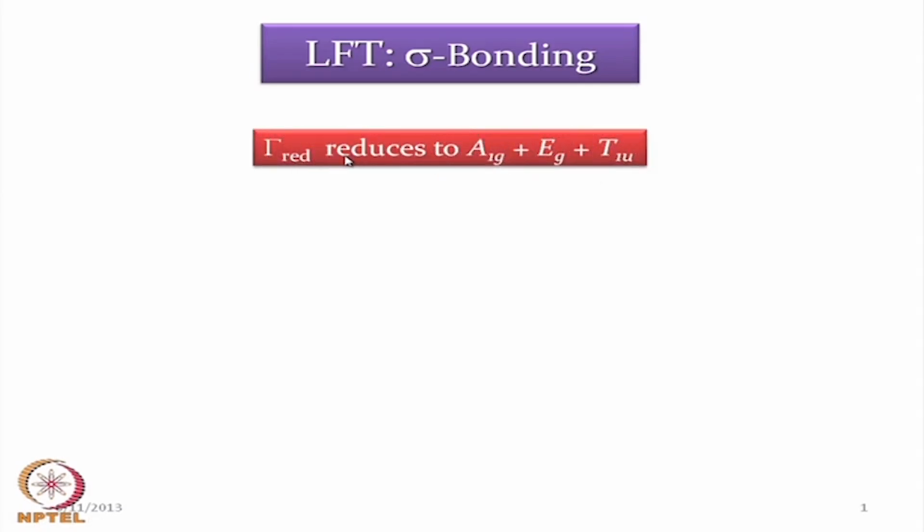In our previous class we have seen that, from group theoretical notation, if we have the character table for the octahedral symmetry, we can get the corresponding gamma, that means the reducible representation for the sigma bonding.